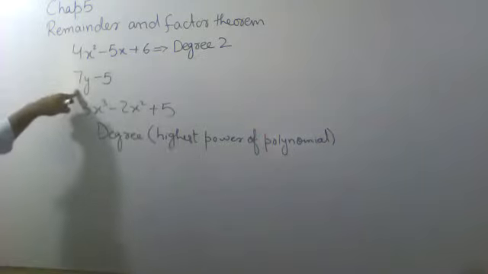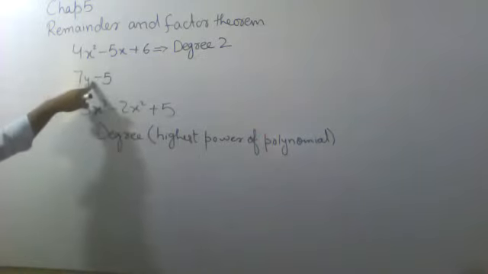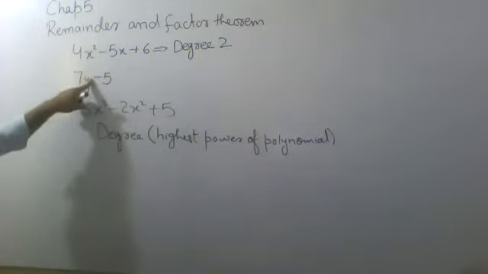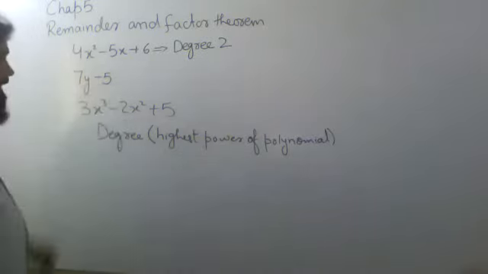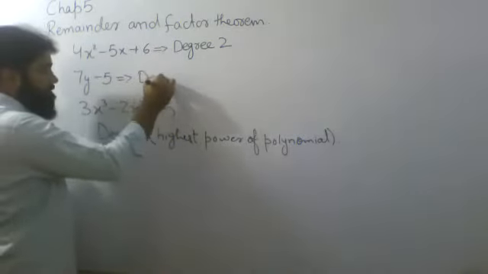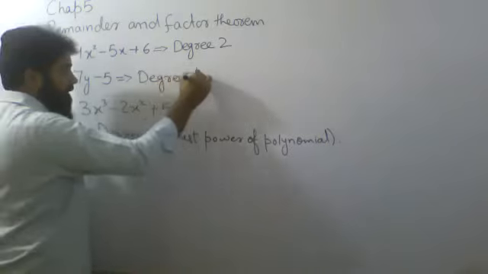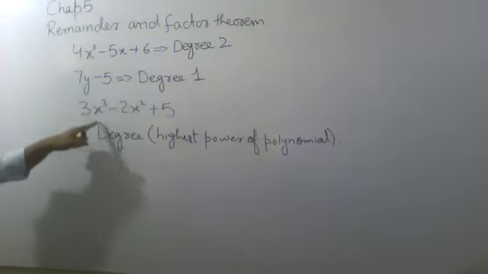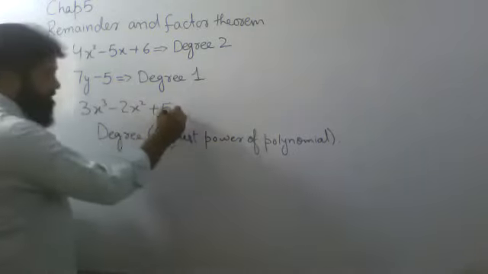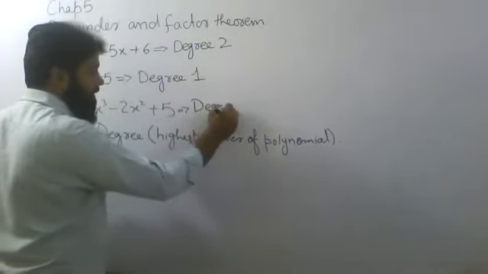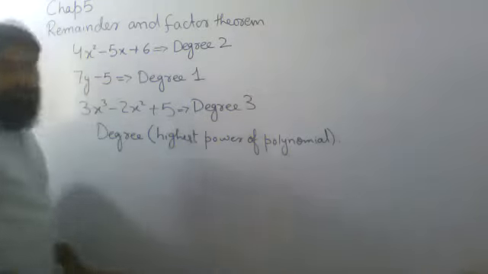Okay. Over here, the highest power of the variable is 1. So what will I write? I will write this is of degree 1. Right? In this one, this will be written as degree 3.